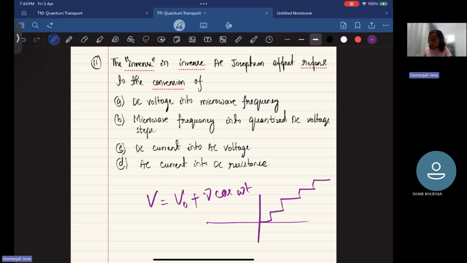So in the inverse AC Josephson effect, the microwave frequency is turned into a quantized DC voltage. This is what we mean by inverse in the inverse AC Josephson effect. Option B.